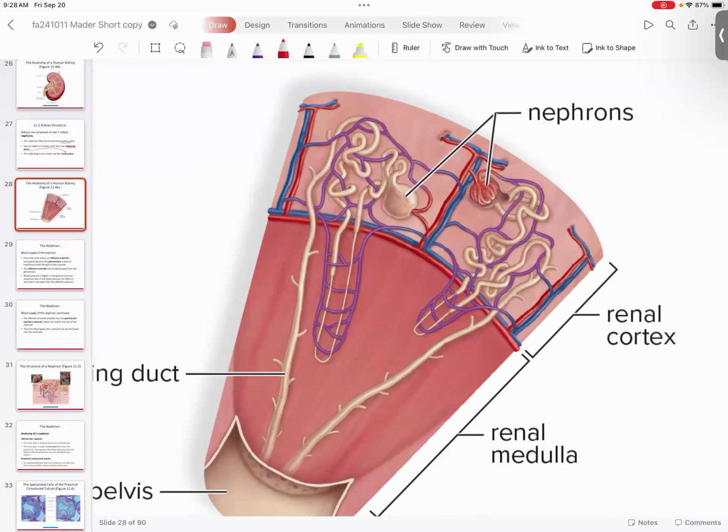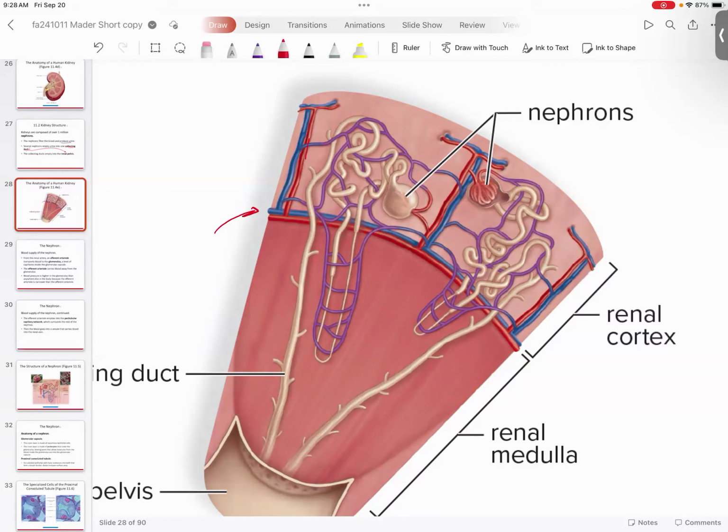You can see these blood vessels, called arcuate veins and arteries, are kind of on the leading edge, the upper edge of the cortex and the medulla. Then they branch off, and from here they form the vasculature that goes through this whole nephron system.